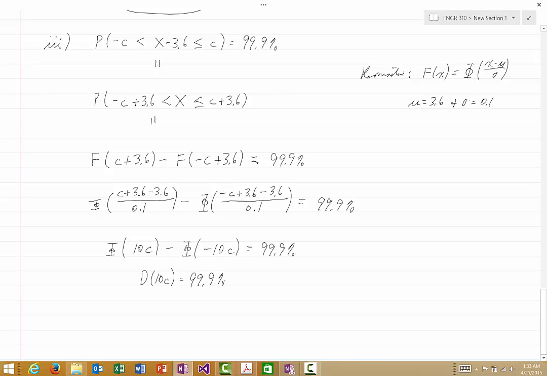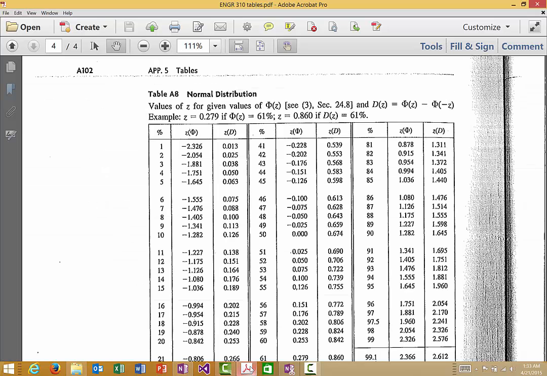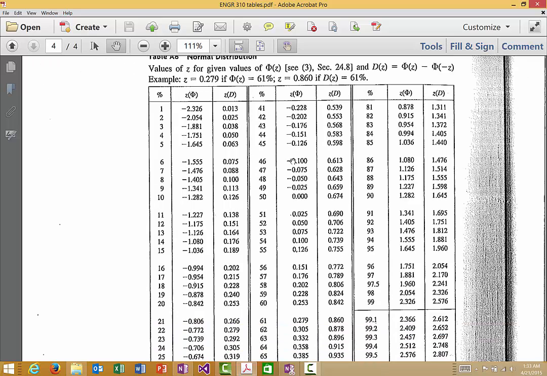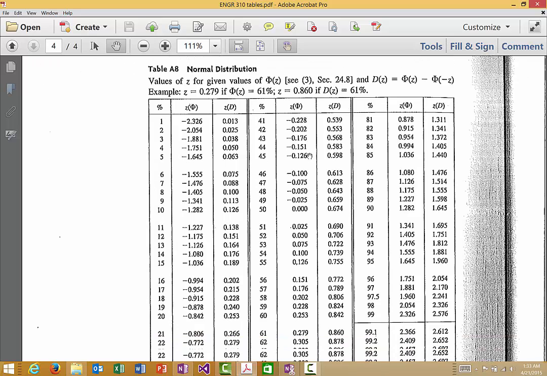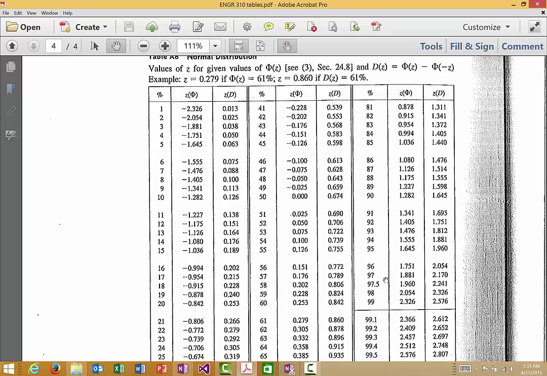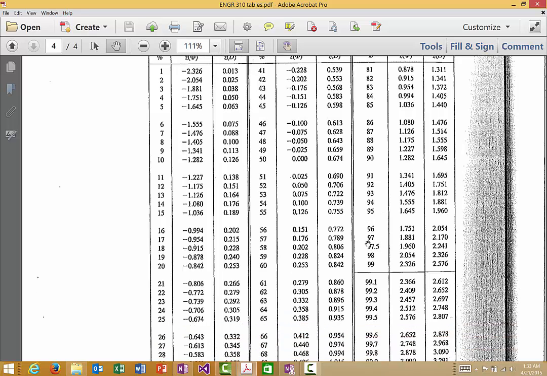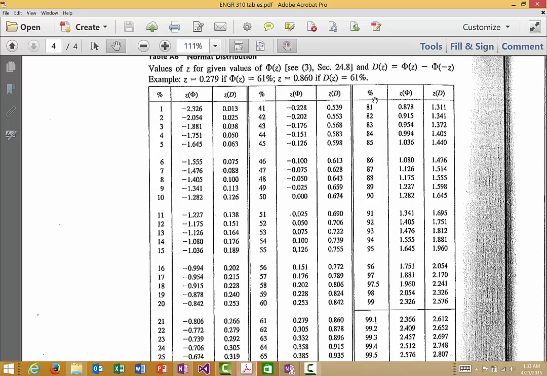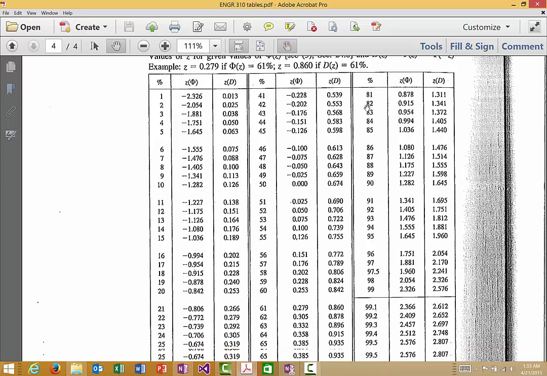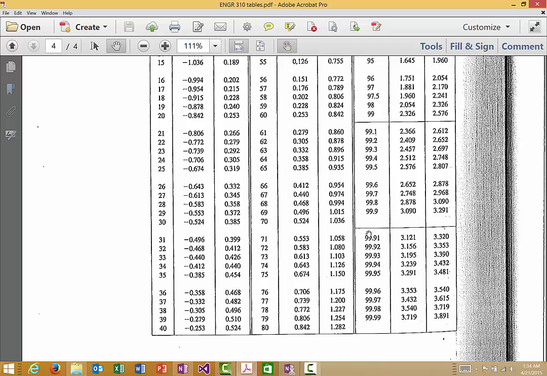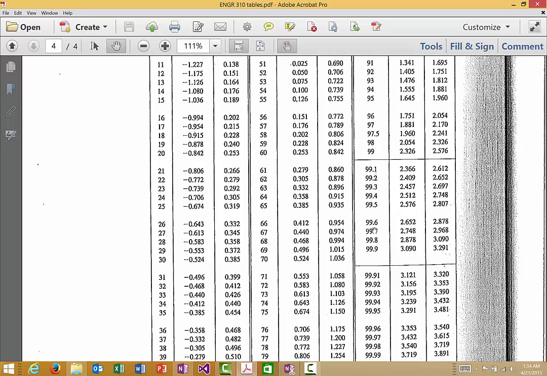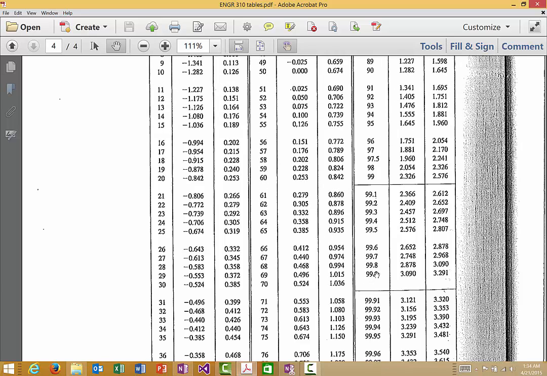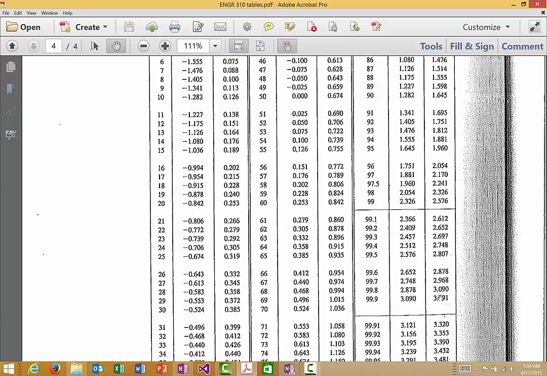99.9%. And now go back to table A8. We look up 99.9%, and that's here. We see in the percentage columns, we come to not the first percentage column or the second or the third percentage column. We come down here to 99.9, and the value of z that would make D equal to that.